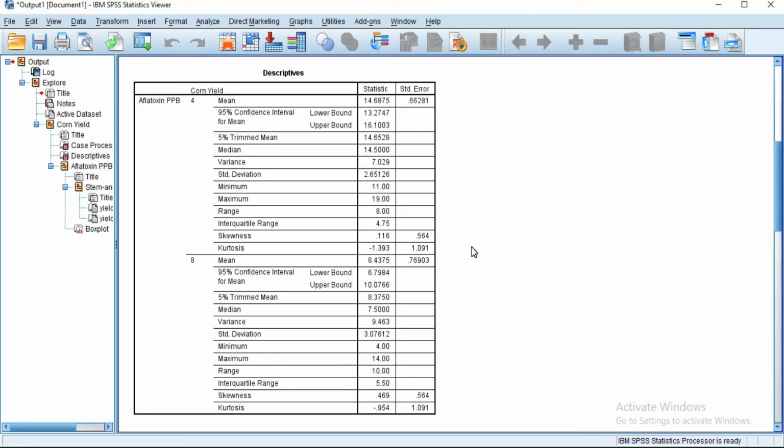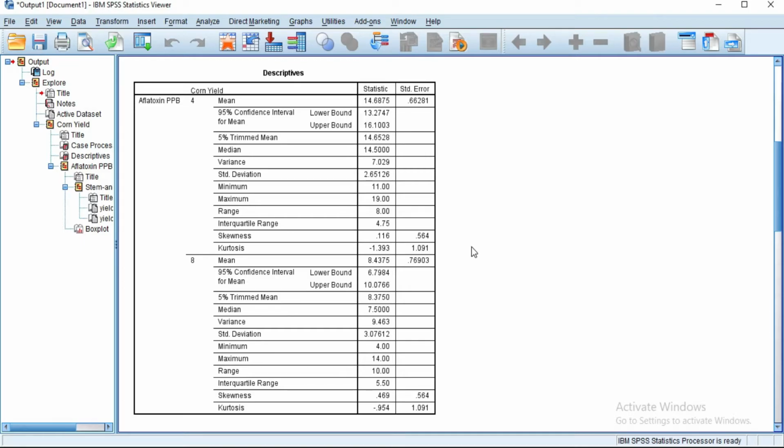And if the z-score of the skewness is greater than 2.5, you can say there is a significant skewness in the data, and the related data cannot be normally distributed.